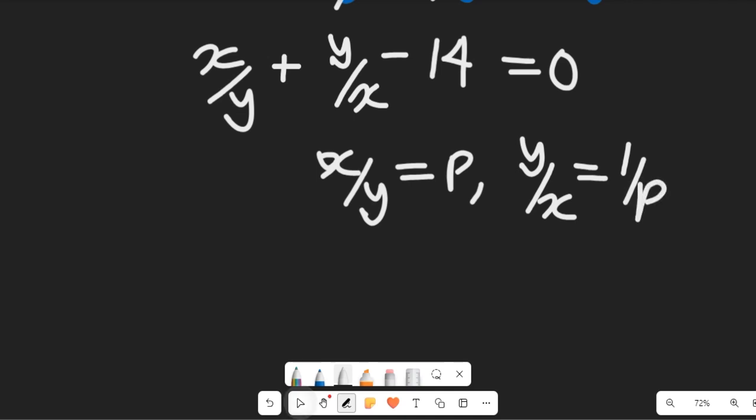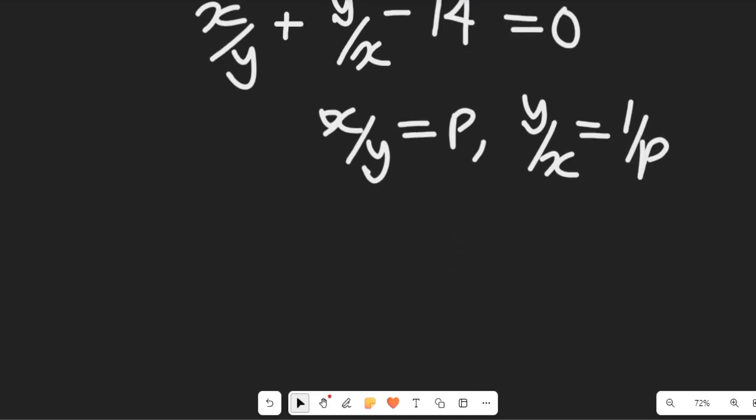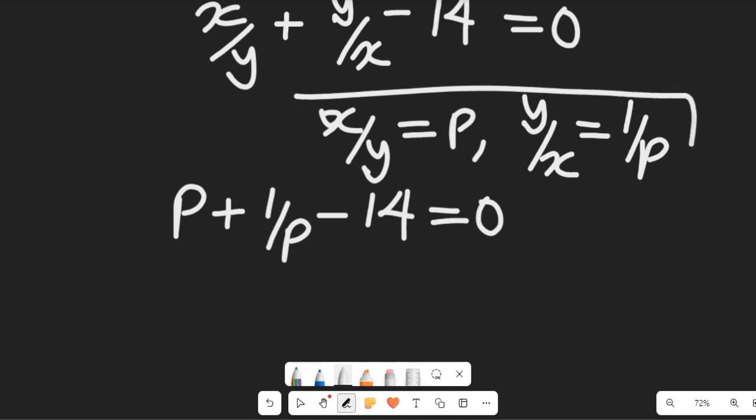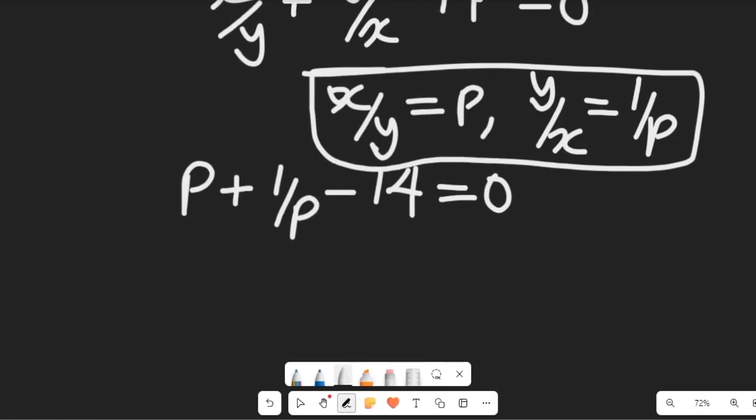Now if we have that expression, we can make it easier. That will give me p plus 1 divided by p minus 14 equal to 0. Recall, this is just an expression to make our solution easier. So we are going to simplify this by looking for the LCM.